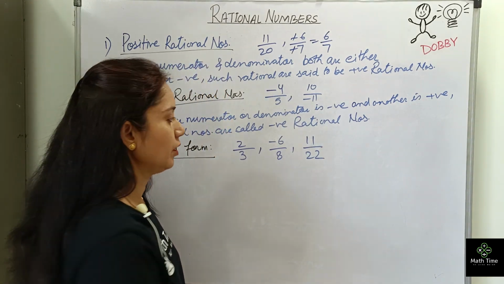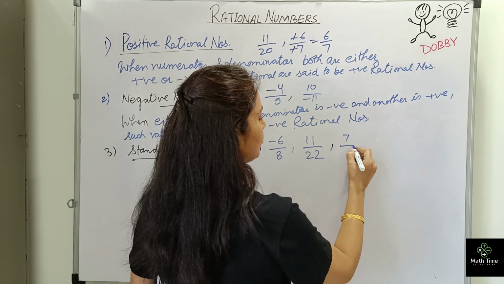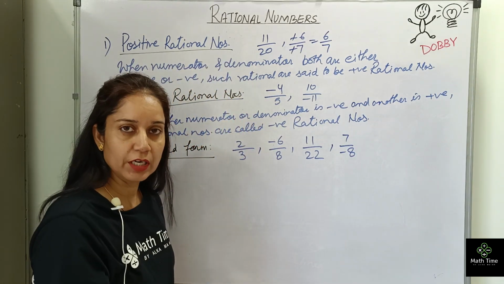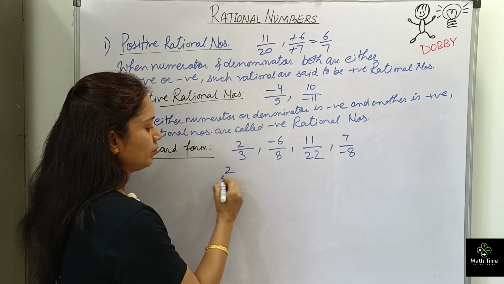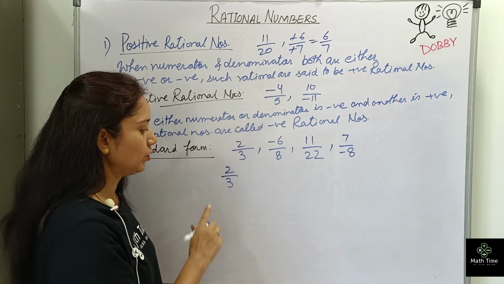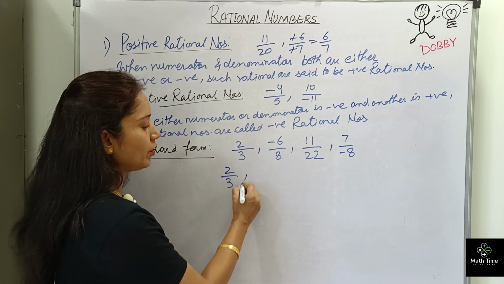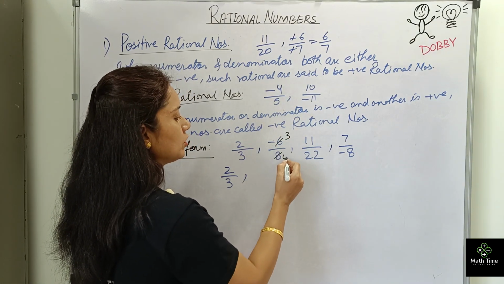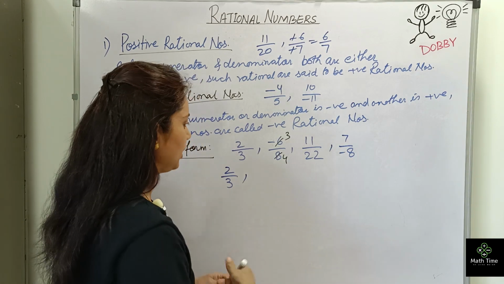What do we observe here? Let us take one more, 7 upon minus 8. 2 upon 3 cannot cut further, it is already in the lowest term. No common factor among 2 and 3. Now minus 6 upon 8 can cut further with the table of 2. 2 3s are 6, 2 4s are 8. It becomes minus 3 upon 4.